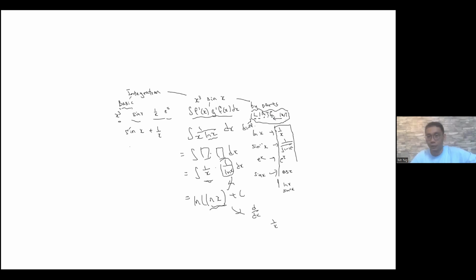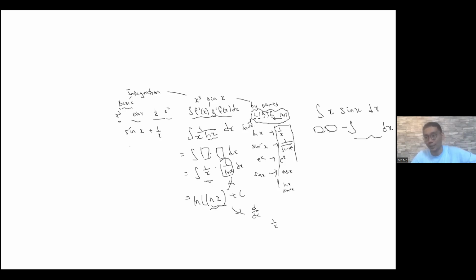If it is by parts, integrate x sine x dx. Whatever you form here, minus integrate. This one is not important; once you form it, it won't hinder you. What may hinder you is whether you can integrate or not.